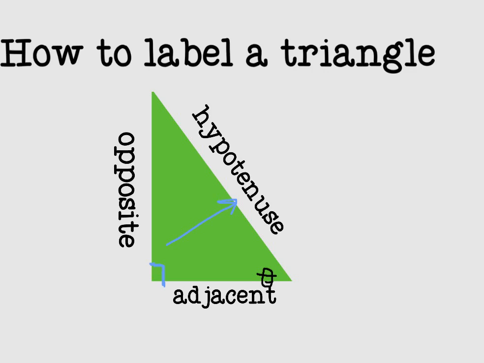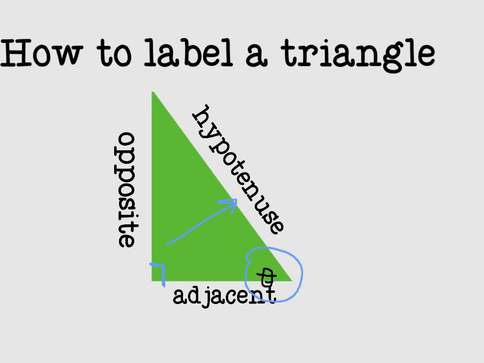The next two things that you're going to label are the opposite and the adjacent sides of the triangle. And when we're labeling those two sides, what we're looking for is where is the angle that we're talking about. So where is angle theta? And in this case, angle theta is right here.